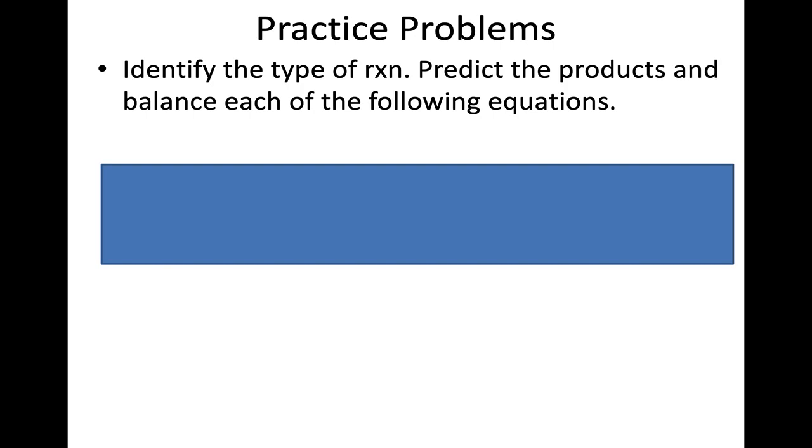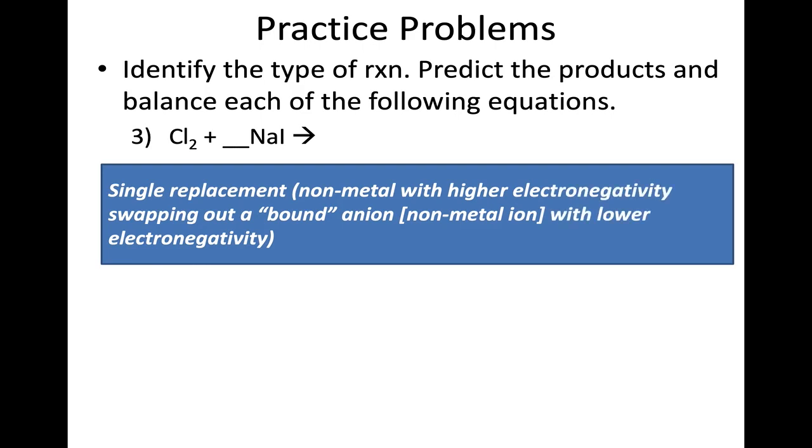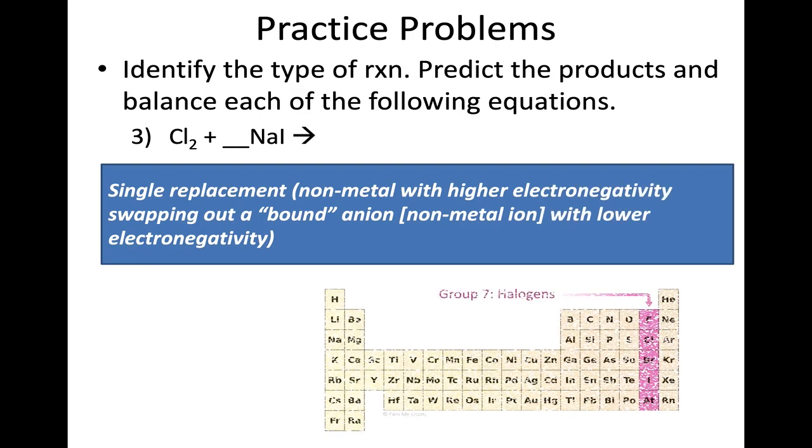And a practice problem. We're going to identify this reaction, predict the products, and then balance it. So we got everything here. We got chlorine gas and sodium iodide. It's a single replacement of a non-metal with higher electronegativity because chlorine is a non-metal. It's by itself. This is the compound. There's chlorine.